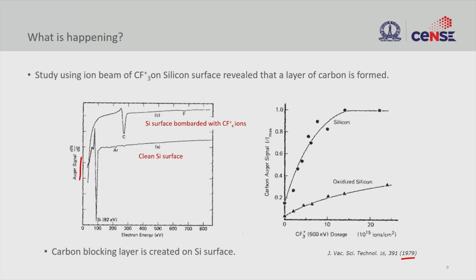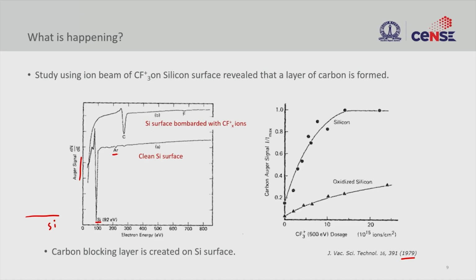So what they did was they took a clean silicon wafer, and then they did Auger spectroscopy on this, and observed a really clean signal. They were only able to observe silicon and a little amount of argon which was present in the chamber.